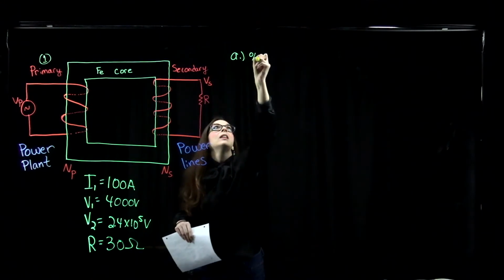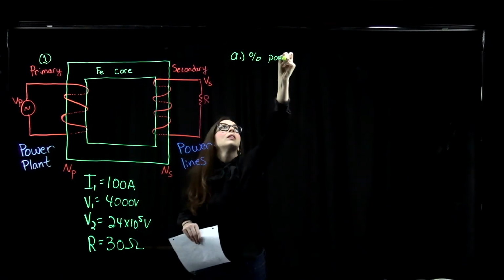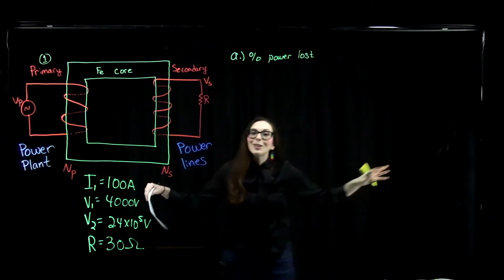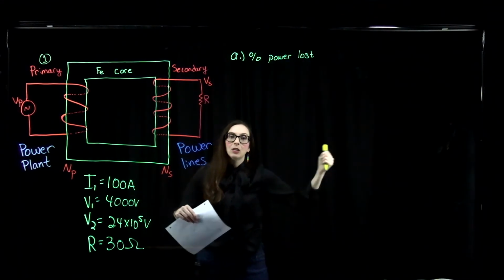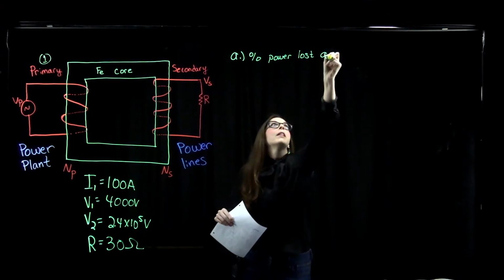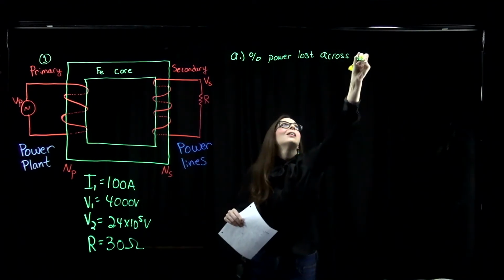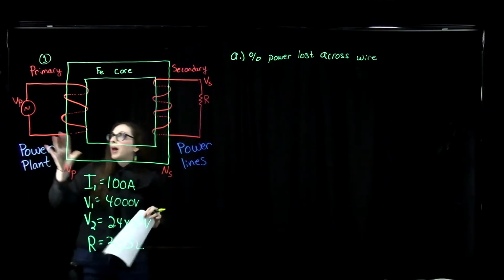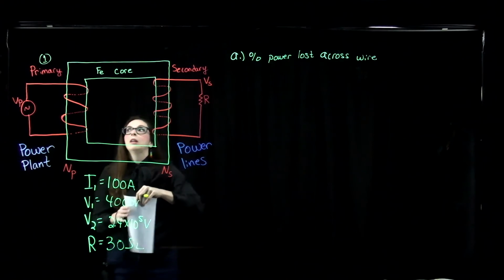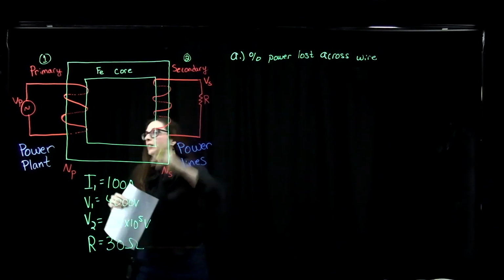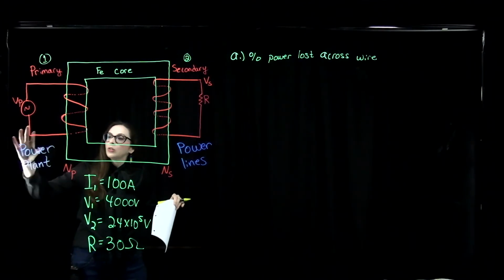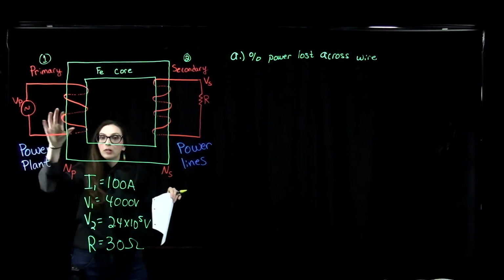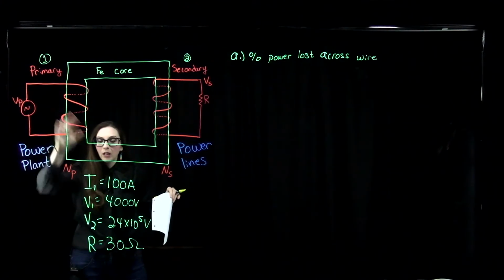Determine the percent power lost across our wires as we're transporting that electricity to our homes. I'll call that across wires. All right. So in my diagram here, I've got my power plant as my primary coil. The power plant is supplying alternating current over here, my primary coil. We've got into a transformer, so my primary coil here.